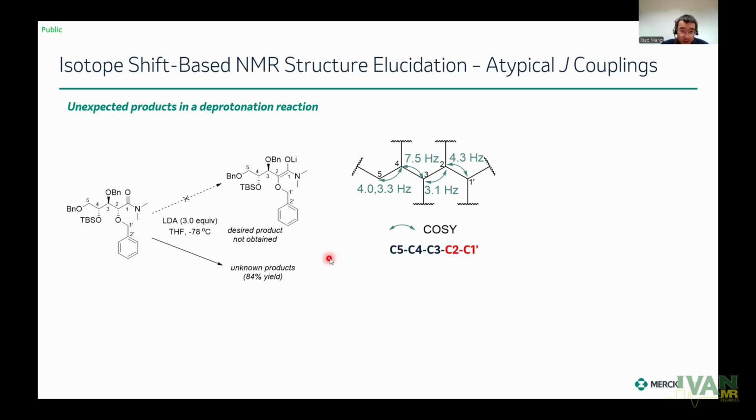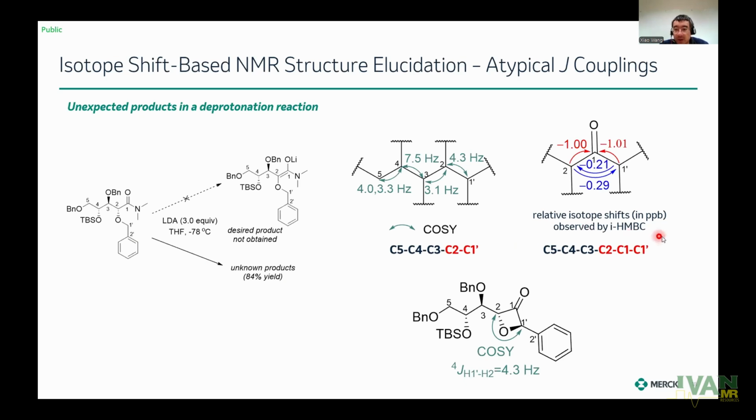something could be wrong here, and then we obtained the isotope shift information. This is what the isotope shift from i-HMBC shows. We see a large isotope shift from proton 1 prime and proton 2 to the carbonyl C1 respectively, and this large isotope shift indicates C1 prime and C2 are directly connected to C1.